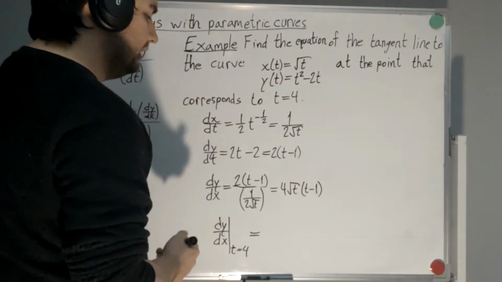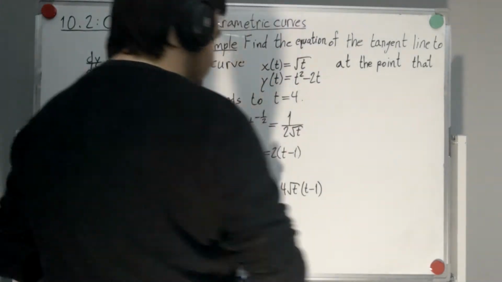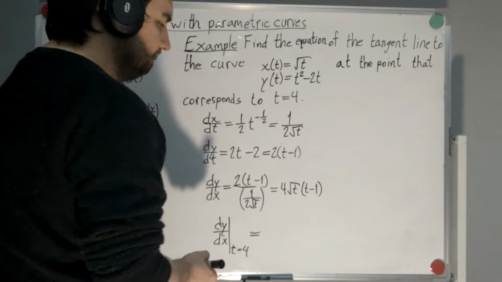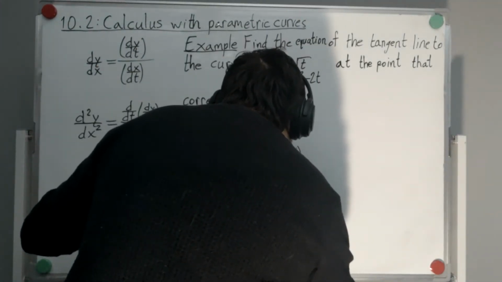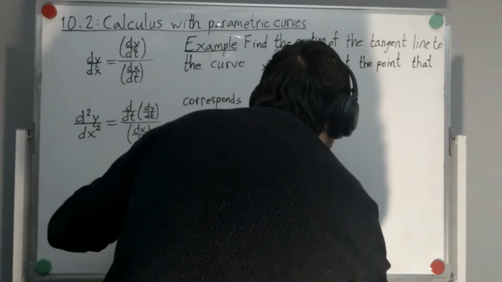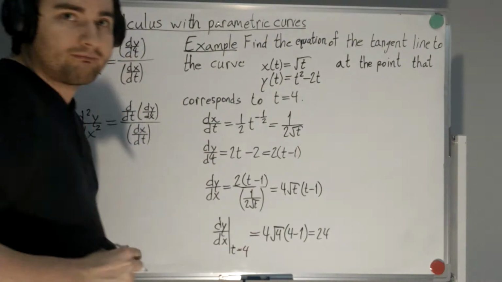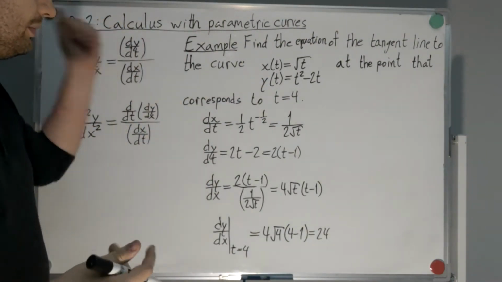This is going to be, well, 4 times square root of 4 times 4 minus 1. This comes out to be 24. Okay, so with that, we have the slope of the tangent line.